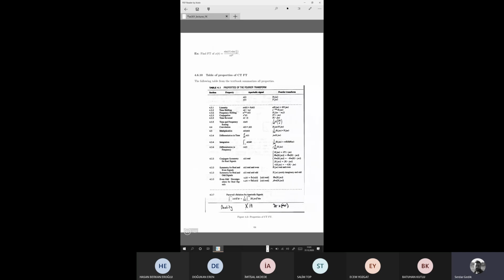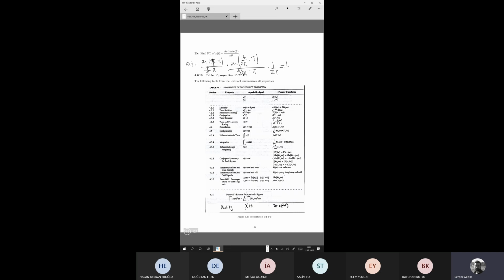The next example is actually similar. I have two signals. So what are they? I have x of t, which is obtained by multiplying sine t over pi times pi over t with sine t over 2 pi times pi over t times 1 over 2 pi.